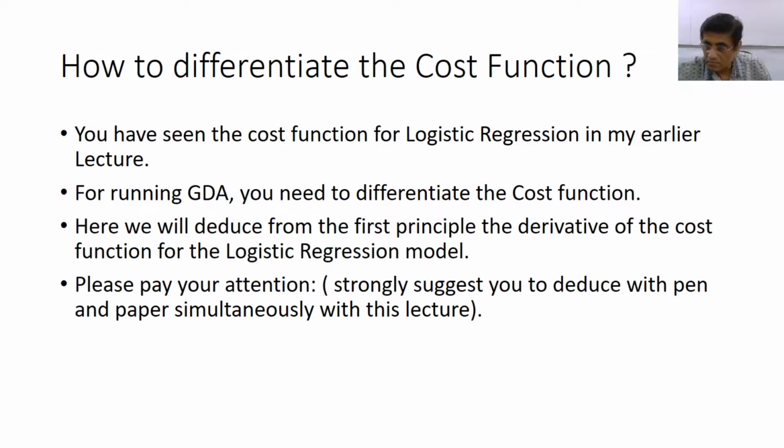In the earlier class, of course, you have seen that we deduced a cost function for logistic regression. It's a very special function, isn't it? And intuitively, you have found or invented the cost function which has the shape which we required.